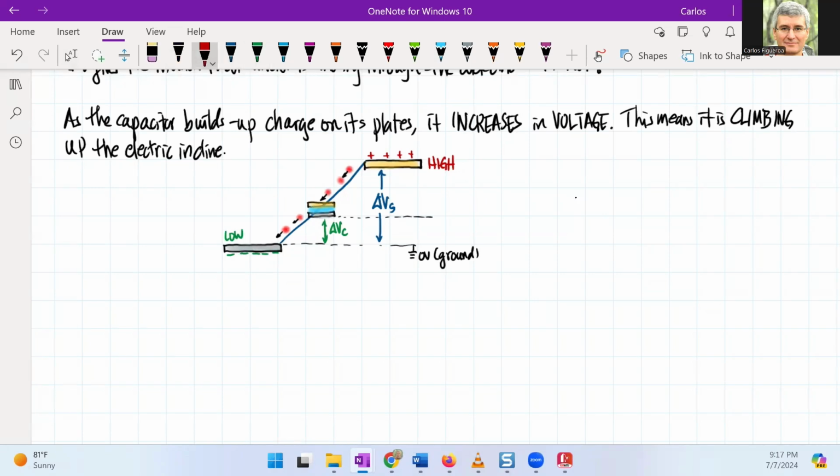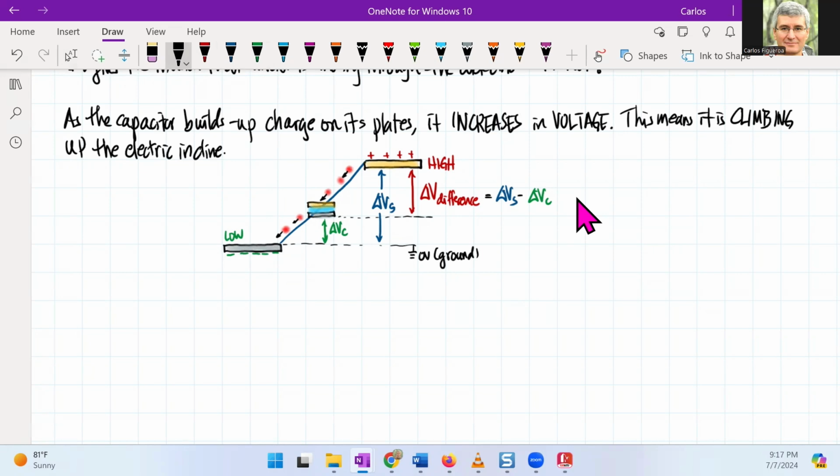So when I look at this guy, there is a difference in height. And I'm going to say that this is the difference between the source and the capacitor. And what you're seeing here is that now that difference has decreased.